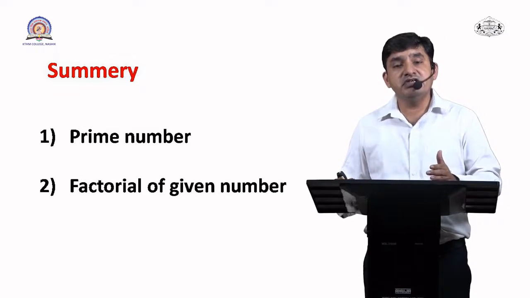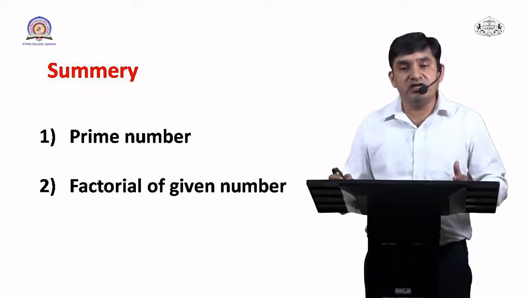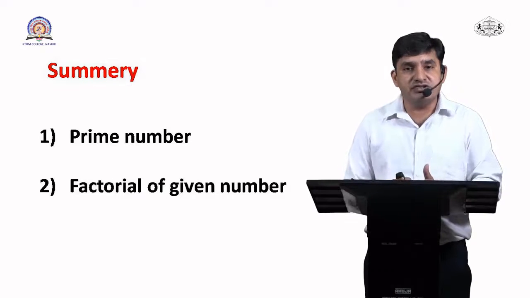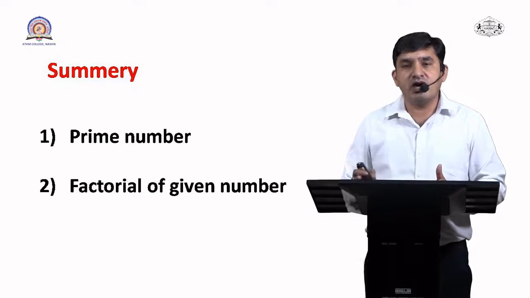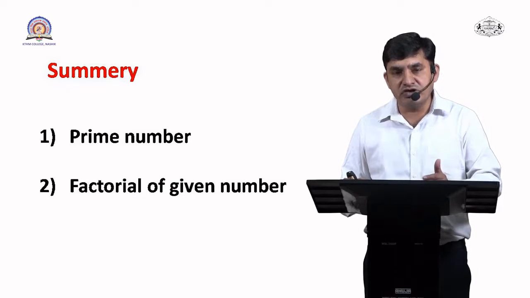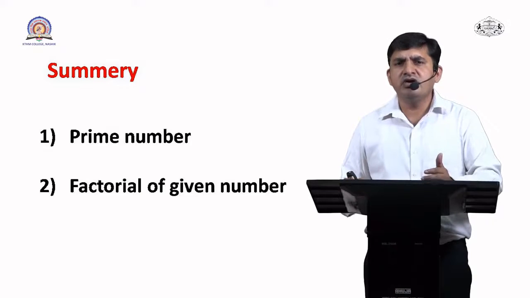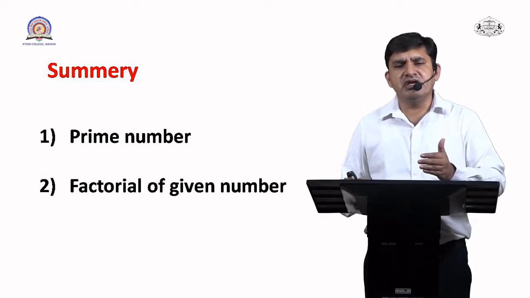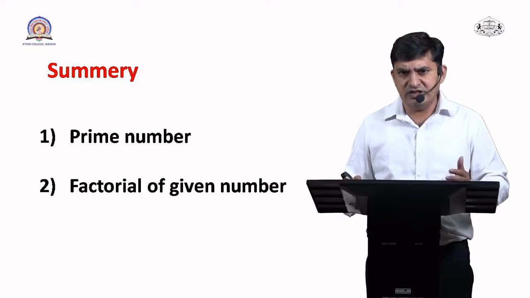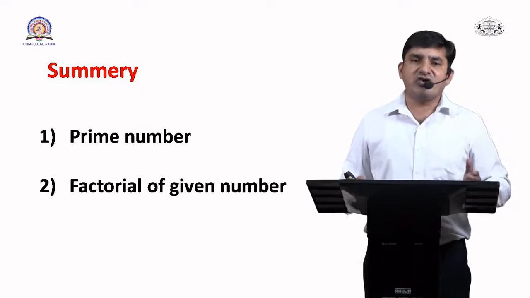R1 is the initial number and R2 is the final number, and the prime numbers are in the range from R1 to R2. We consider d is equal to 2, then R1 is divided by d, and d is incremented by 1. And we check the condition, whether the remainder is 0 or not.